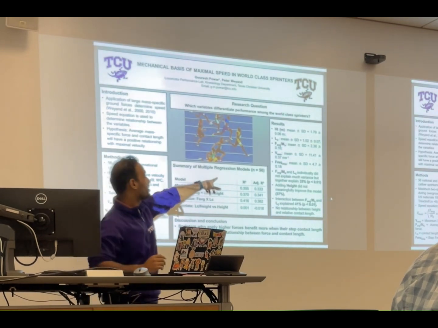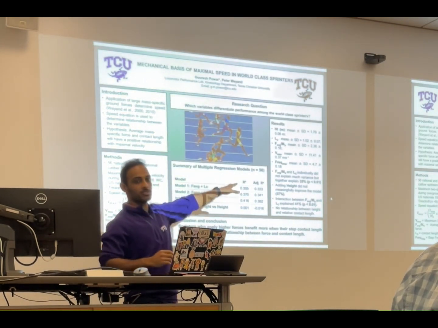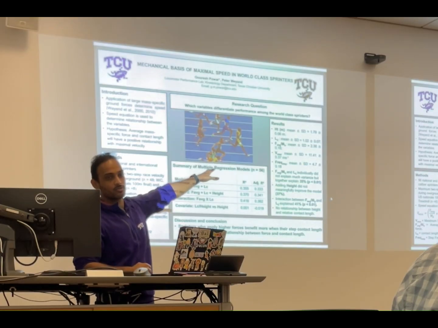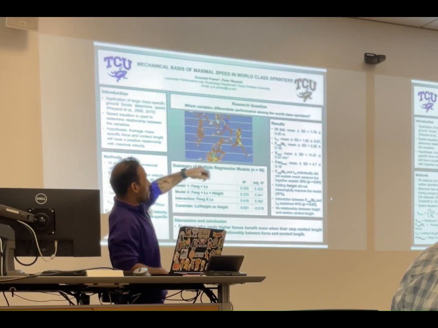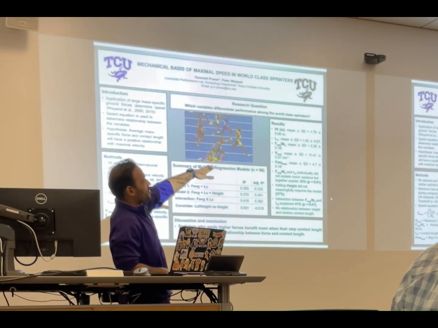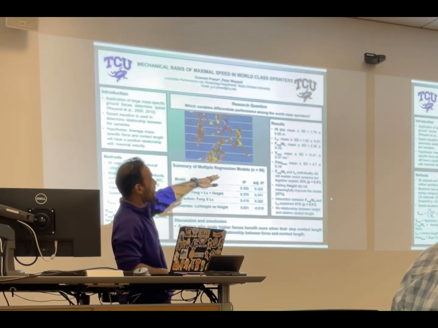Not a lot. You can see it's 0.27 meters per second, the standard deviation for speed. It's not as homogeneous as the other data points. For height it's only 0.06, so 6 centimeters across. LC is 0.07, 7 centimeters. F average is 0.16.